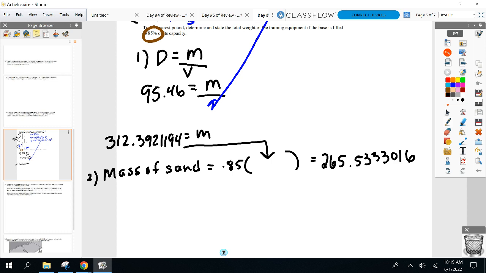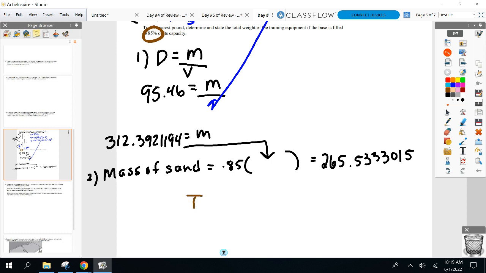Is there a 1.6 at the end, or is that just pounds on my paper? Or does it end at 0 on yours? The mass here? 5333015. Okay. And then now we're good to finish the problem.